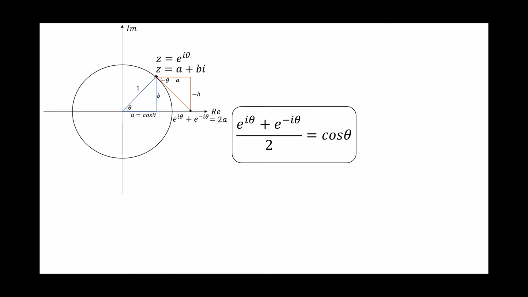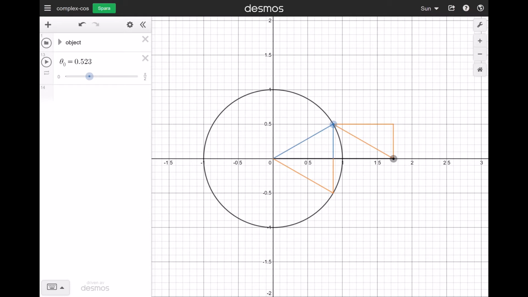Now, let's wrap up the video by watching an animation, which I think is representing the healthy way to see how the complex identity for cosine works. Using Desmos, we can see the coordinates for e to the i theta, e to the negative i theta, and the sum of the coordinates shown as the black dot.